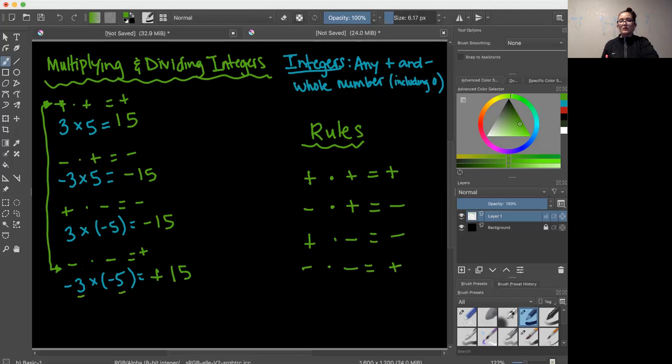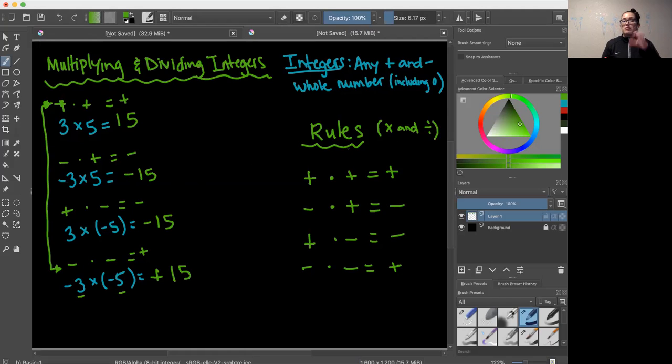And these are the rules for multiplying and dividing, okay? These are not the rules for addition and subtraction. Addition and subtraction are completely different rules, and you need to go back and watch that video if you are unsure of those rules.